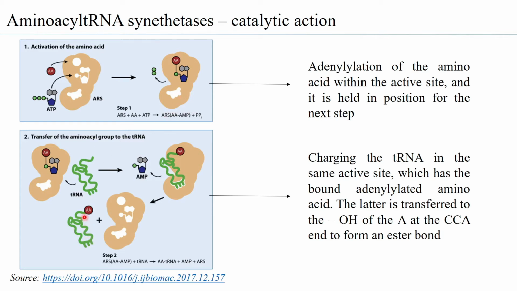So that tRNA is going to bind to the active site, and when it binds, the enzyme carries out its reaction in such a way that the adenylate group that is present with the amino acid is removed, while the amino acid itself is linked to the 3' end of the tRNA through the high energy acyl bond. So this is how the two-step reaction of catalysis happens with aminoacyl-tRNA synthetase.